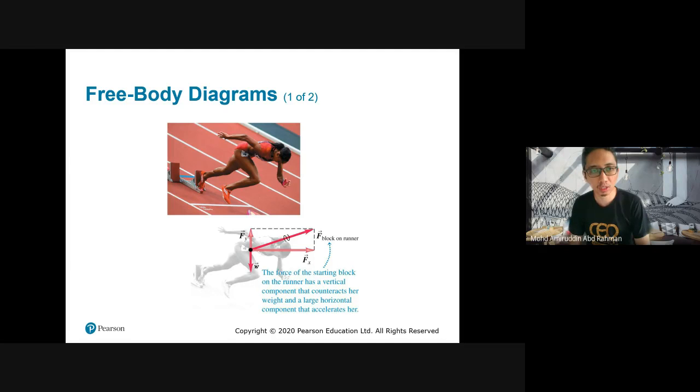Because she wants to get the highest momentum possible, so that she can accelerate faster. So it is actually the physics in sports. That's the strategy.